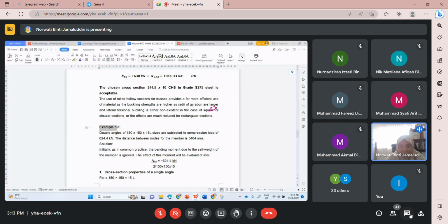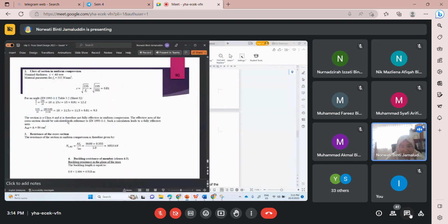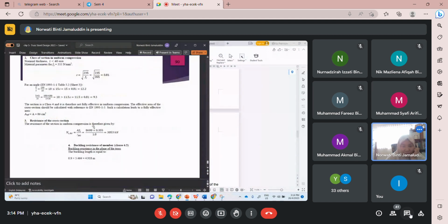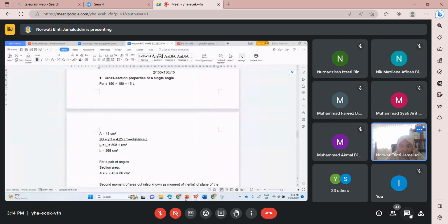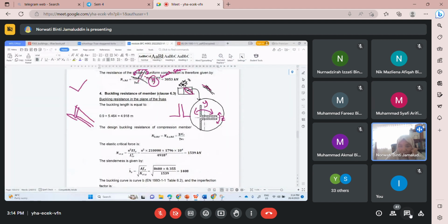This one. Example 5.8. This is example 5.8. This is the detail, including the figures. Oh, I already explained this one lah. Why? I need to determine what type of the arrangement.